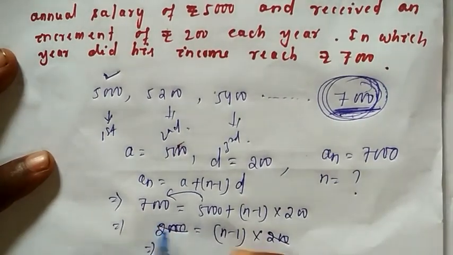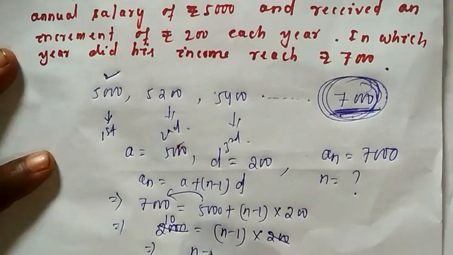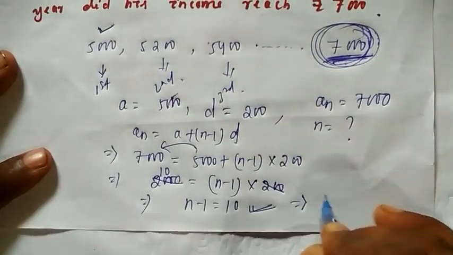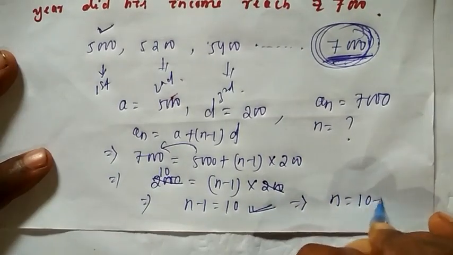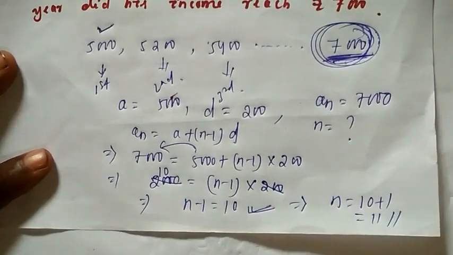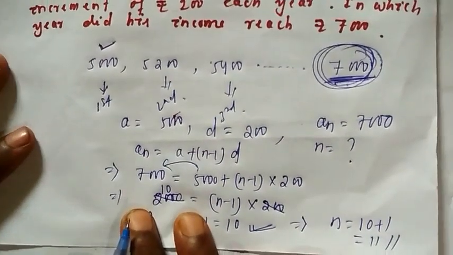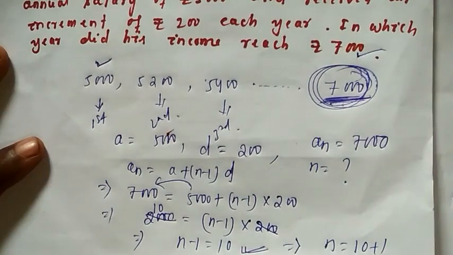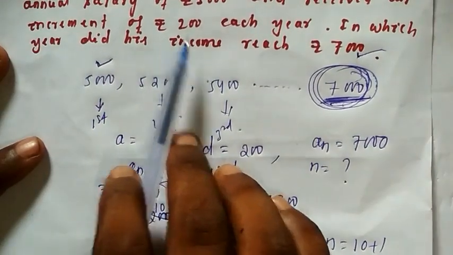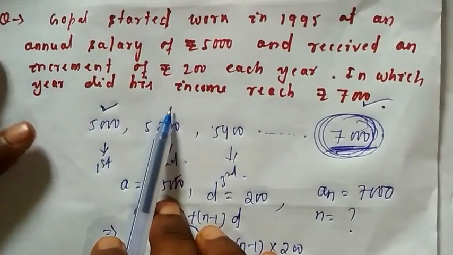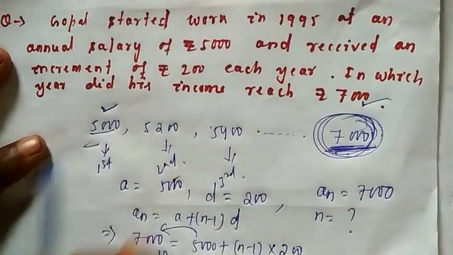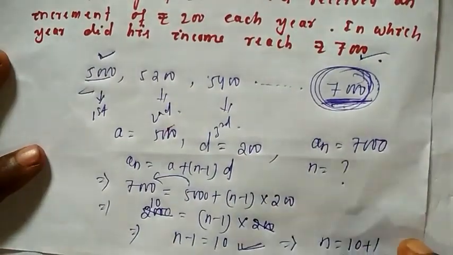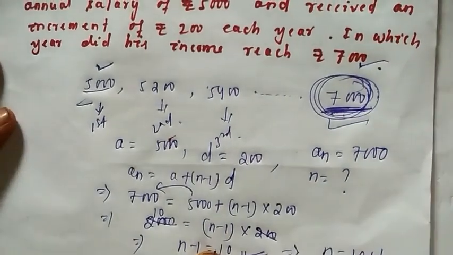If we cancel 200, 2,000 by 200, n minus 1 is equal to 10. That implies n is equal to 10 plus 1, it is 11. So after 11 years, the salary will become 7,000 if it increased 200 rupees per year and the starting salary is 5,000.